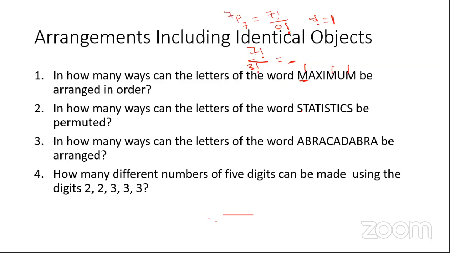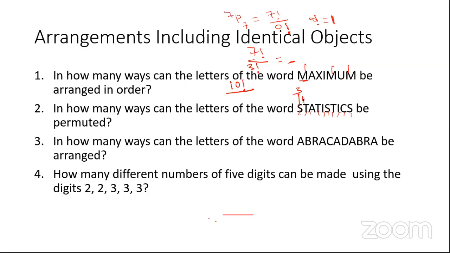So we also have the letters of the word statistics. Can you number it? 1, 2, 3, 4, 5, 6, 7, 8, 9, 10. That would be 10 factorial, divided by the letters that are repeated. S is repeated how many times? 1, 2, 3. 3 times.